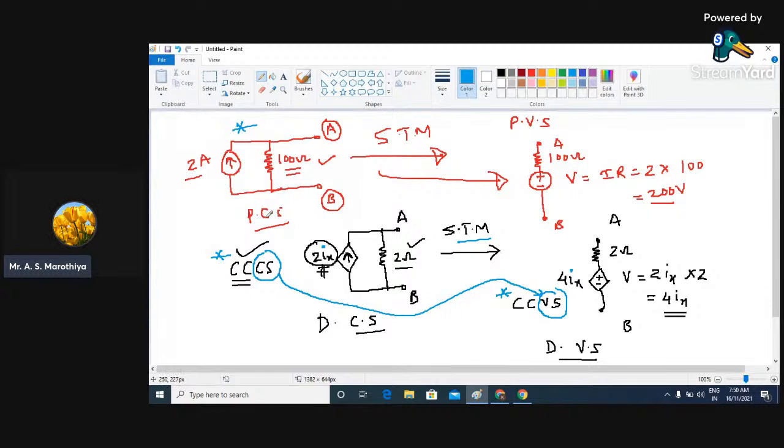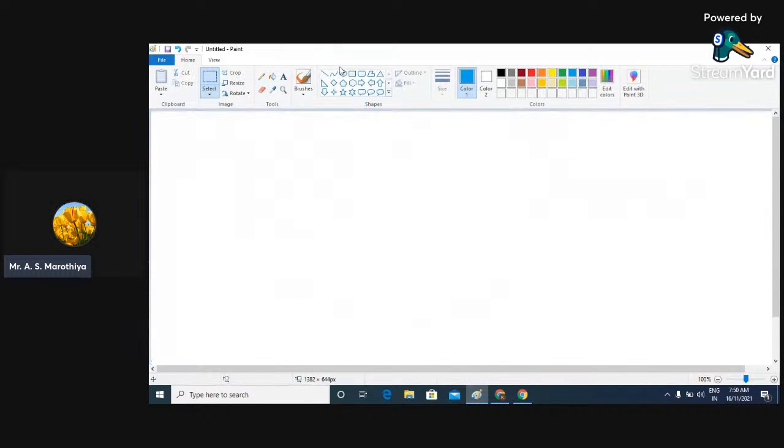That means if you have a practical current source, it is an ideal current source in parallel with its equivalent resistance, or if you are dealing with a practical voltage source, it is an ideal voltage source in series with its equivalent internal resistance. This you have to remember. That's it. Now based on this, let us try to solve some numericals which were asked in previous year GATE exams based on this topic.